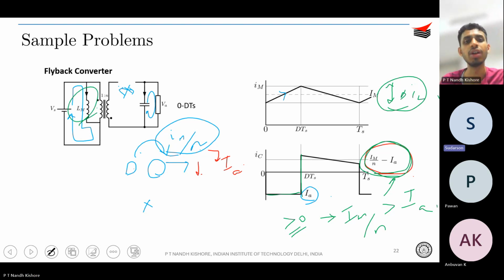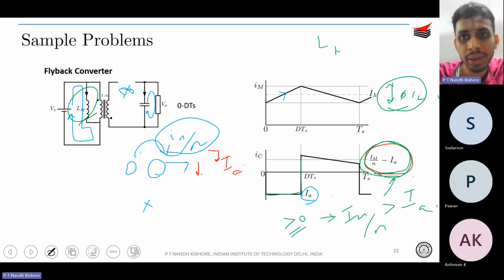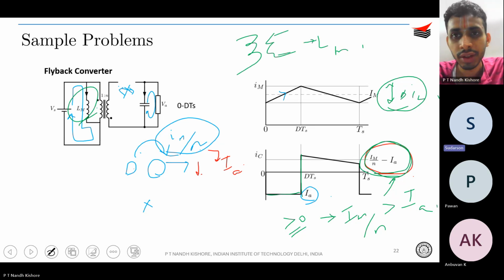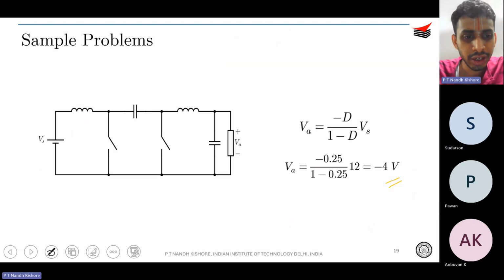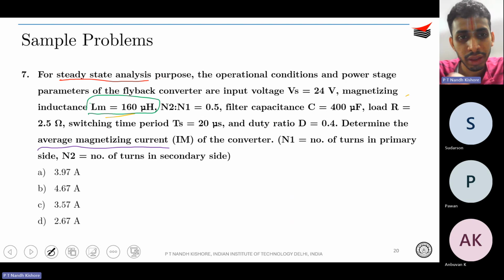When you just design the transformer, it will inherently have some LM. It will be very high, of the order of millihenries, not 160 microhenries.